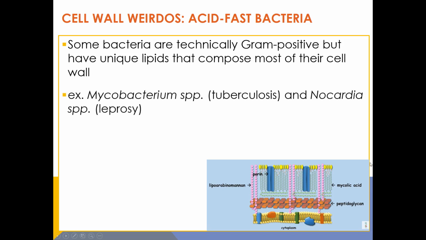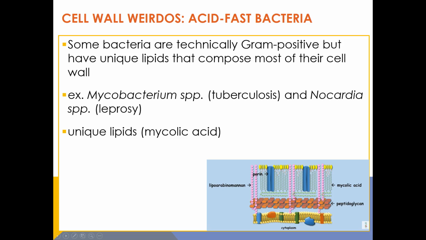And these guys are significant to us because some of the species that are acid-fast are the organisms that cause tuberculosis and leprosy. Mycobacterium tuberculosis. Mycobacterium is a genus. The species is tuberculosis. And then some Nocardia species in the genus Nocardia can cause leprosy.